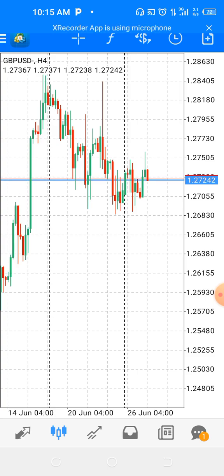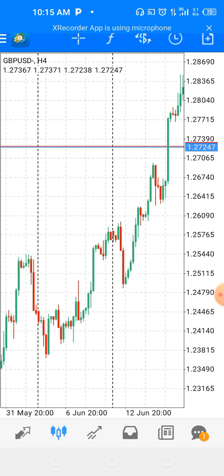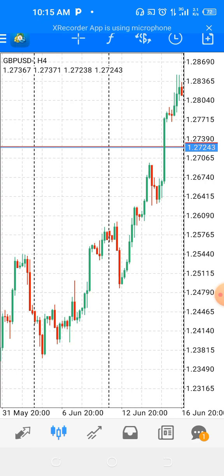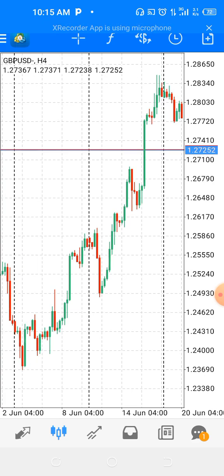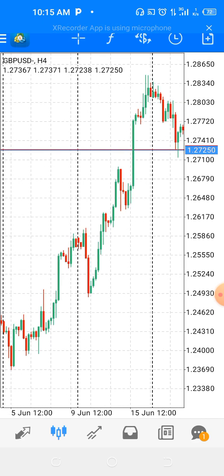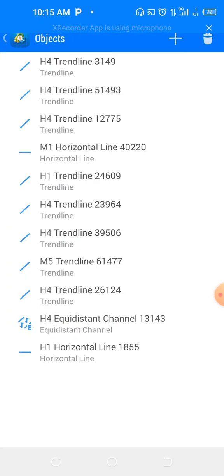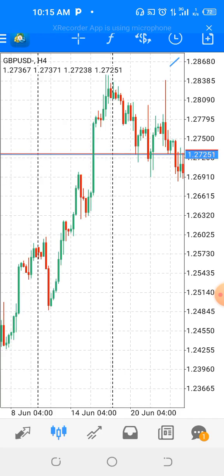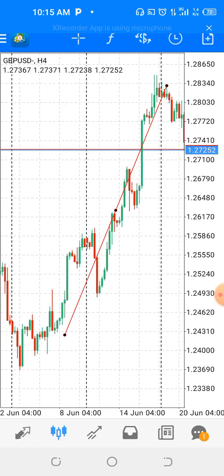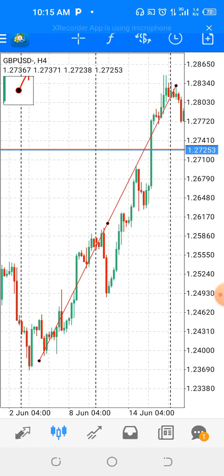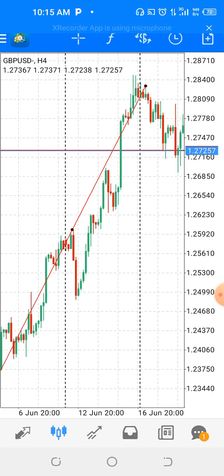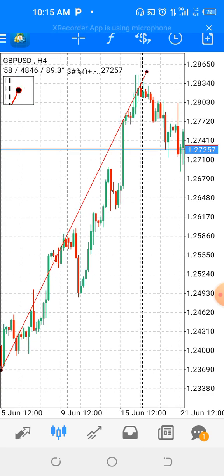Now, let's take for instance the market is going up, just as it's doing here. Let me take this trend line, as the market is doing here, for instance. You can see this trend that I'm drawing here.